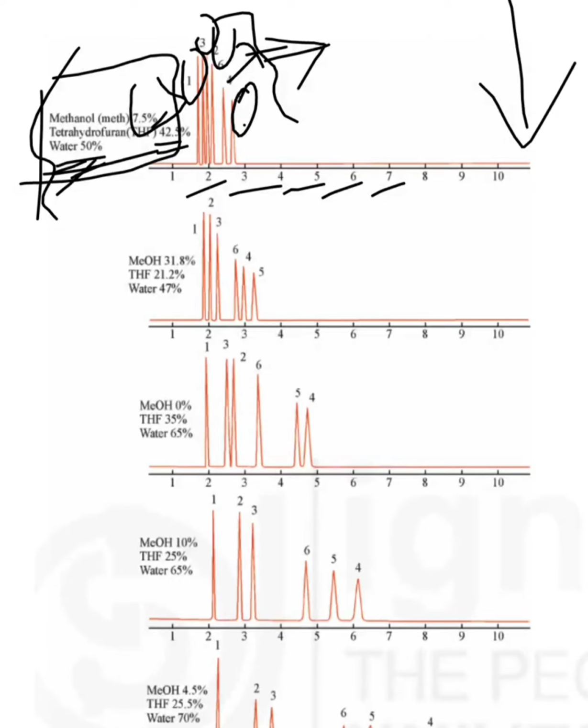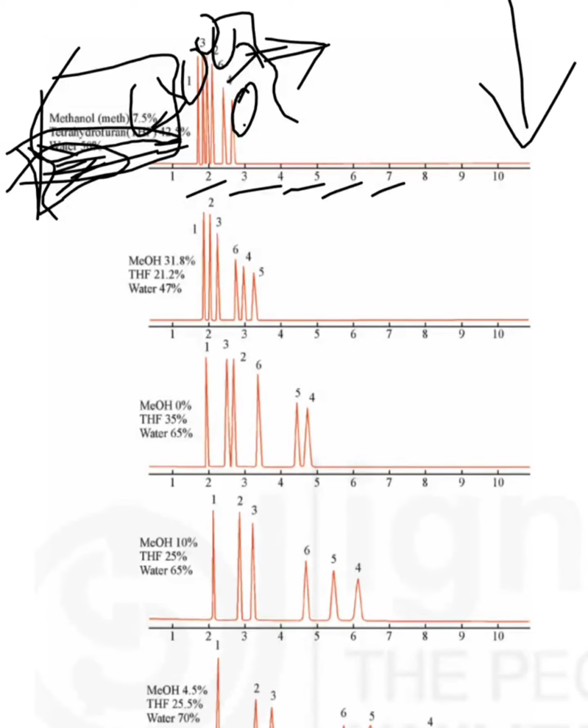So methanol is a polar solvent, and tetrahydrofuran, which we are using here as a mobile phase, is moderately polar, and water is also a polar solvent. Tetrahydrofuran is only moderately polar. It is not highly polar.